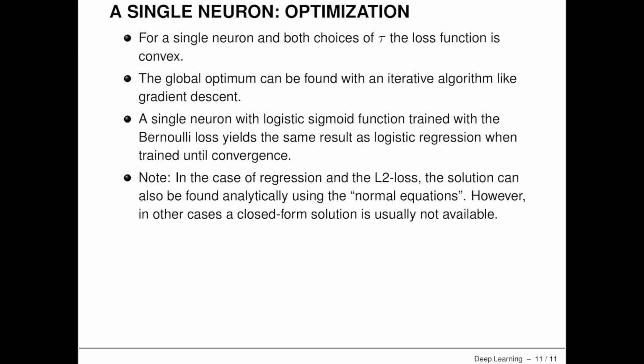A single neuron with logistic sigmoid function as activation function and trained with a Bernoulli loss yields the same results as logistic regression when we train it until convergence. That's not surprising because we already noted that both correspond to the same hypothesis class and therefore to the same model.